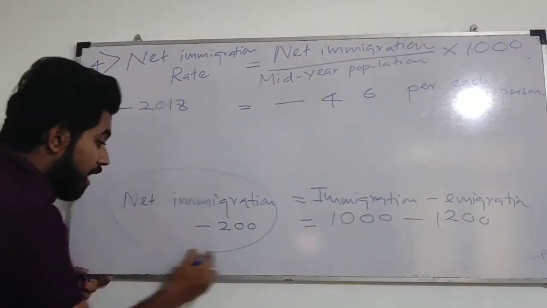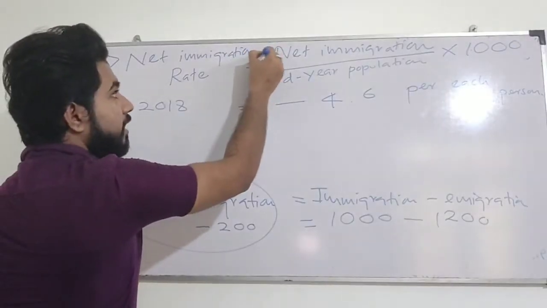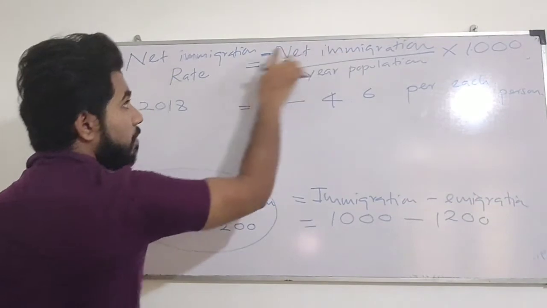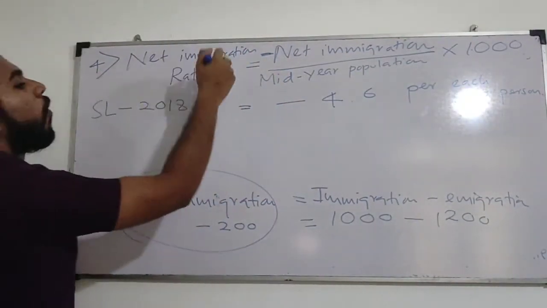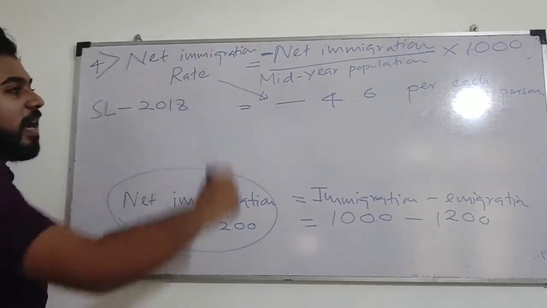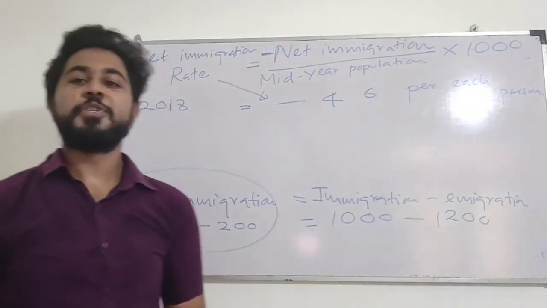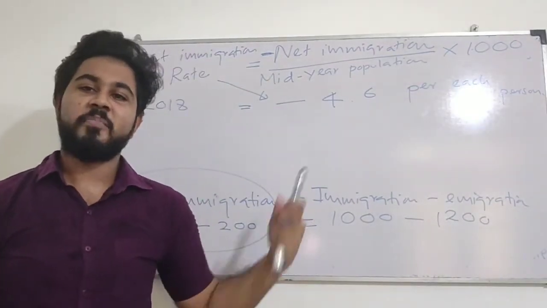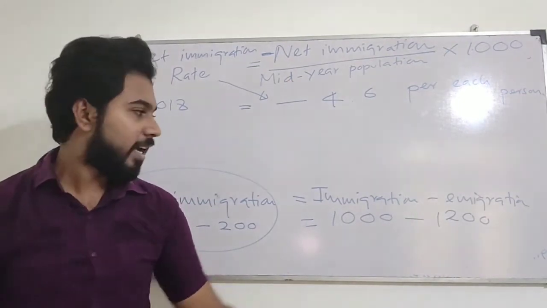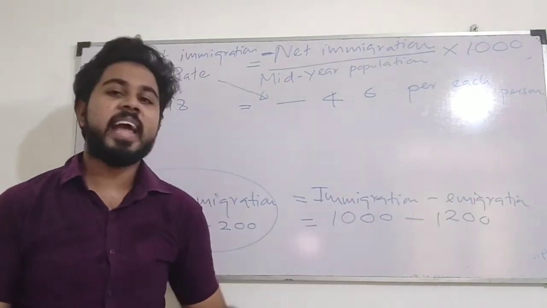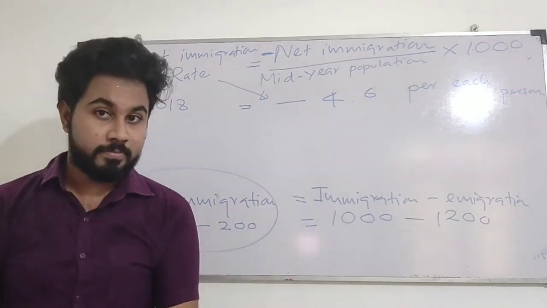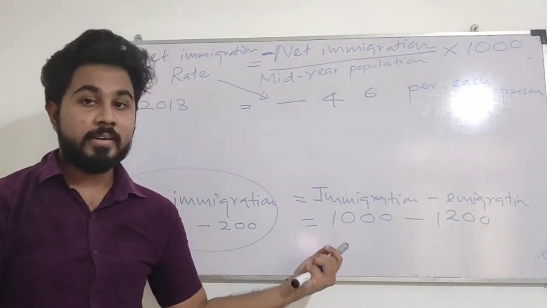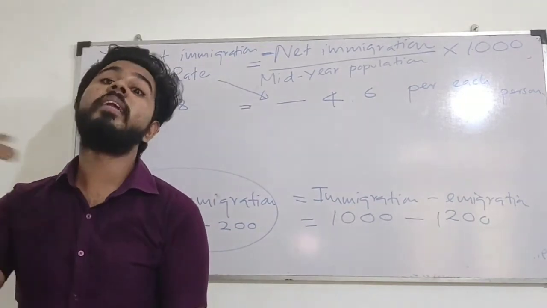If net immigration is a minus value, definitely the net immigration rate will also be a minus value. So in 2018 it was a minus value, which means the number of people who came in is lesser than the number of people who went out.